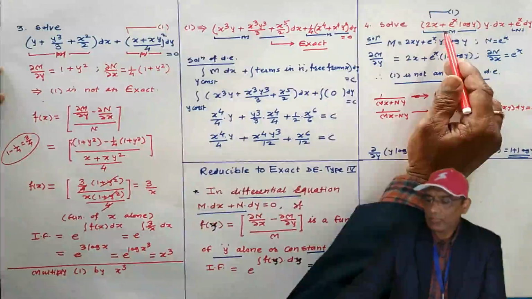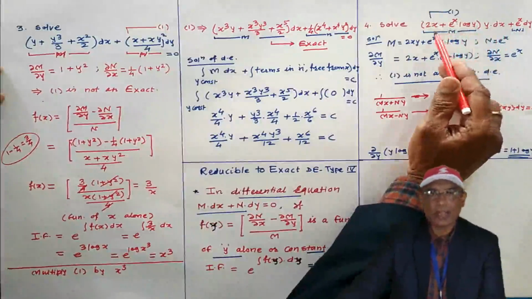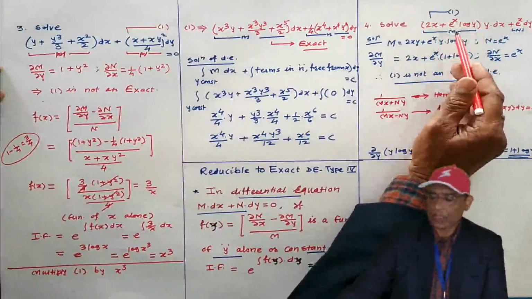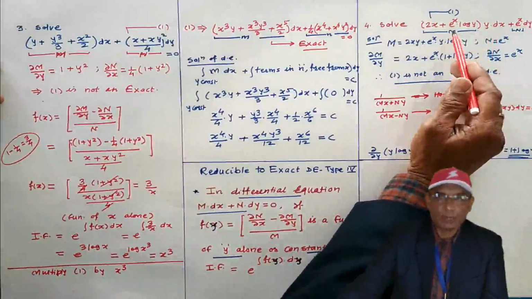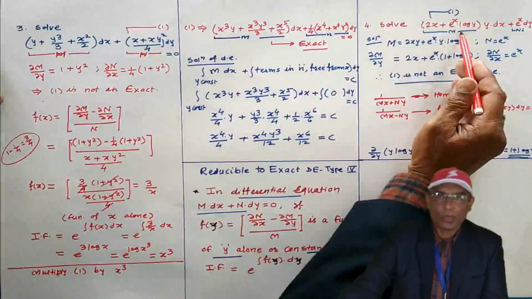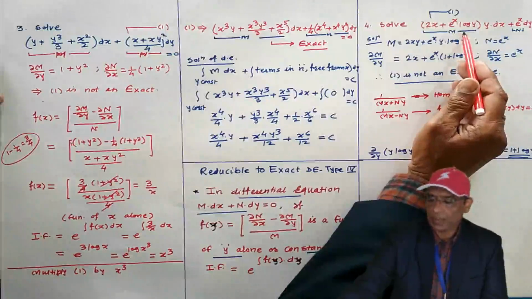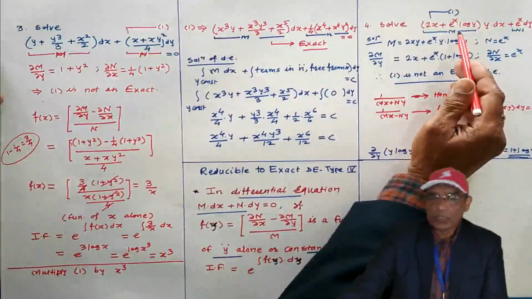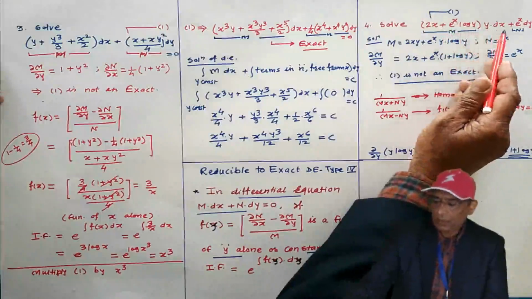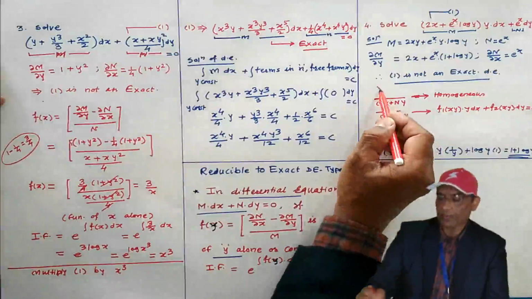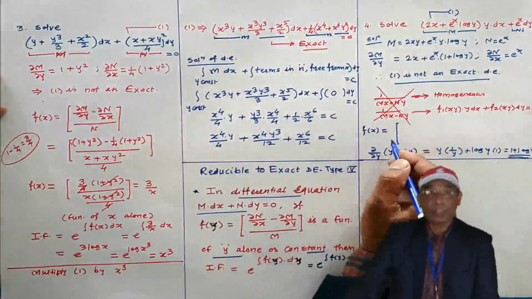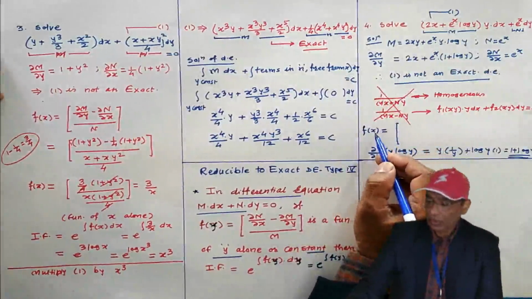When a differential equation contains transcendental functions, meaning exponential, trigonometric, log or inverse trigonometric functions, I would recommend you not to use these two formulas. Then I check whether fx is a function of x alone or not. What is fx?